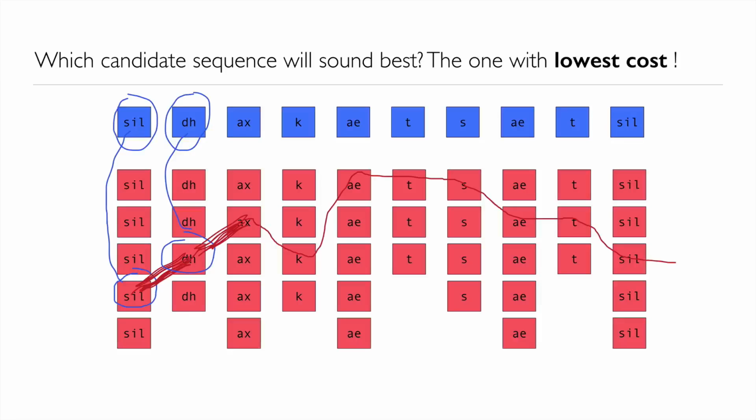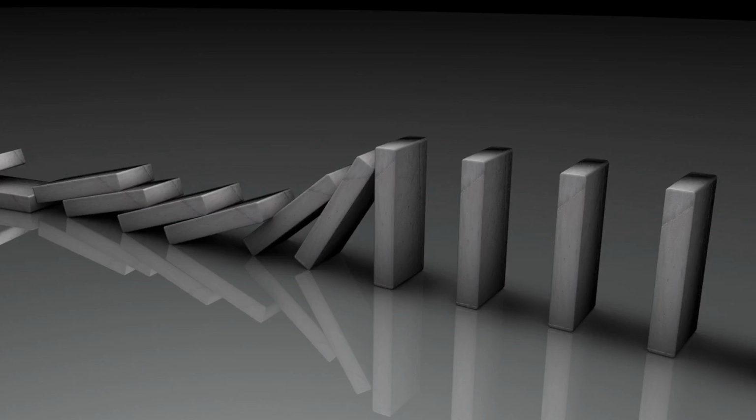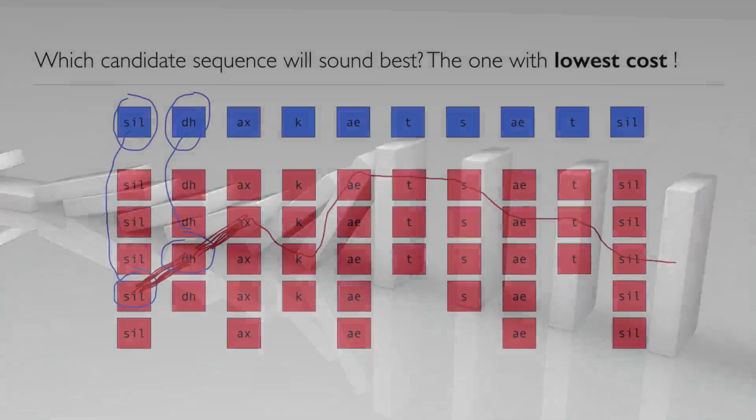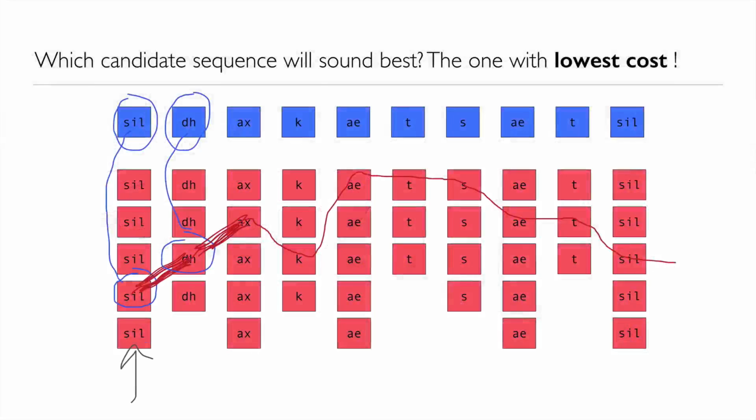Now we should already understand that we can't make local choices because the choice of one candidate depends on what we're concatenating it to. So through the join cost, there's a kind of domino effect. And so therefore, the choice of unit in this position will have an effect on the choice of unit in this position, and vice versa. Everything is symmetrical.